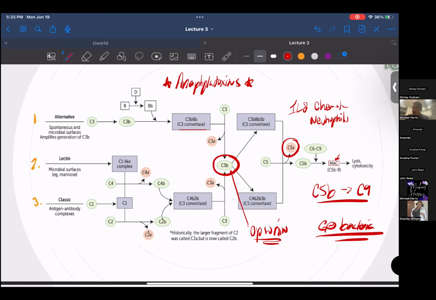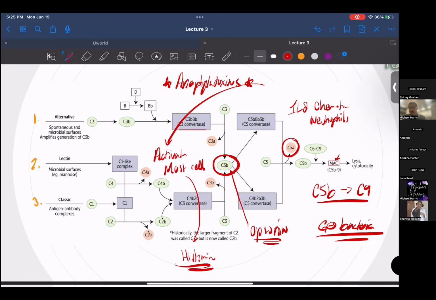So anaphylatoxins are toxins that, yes, they essentially activate mast cells. That's the big thing, right? They activate mast cells that then cause them to release histamine. And this histamine then causes you to have things like anaphylaxis.